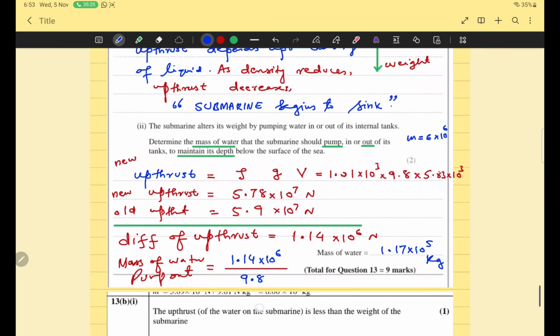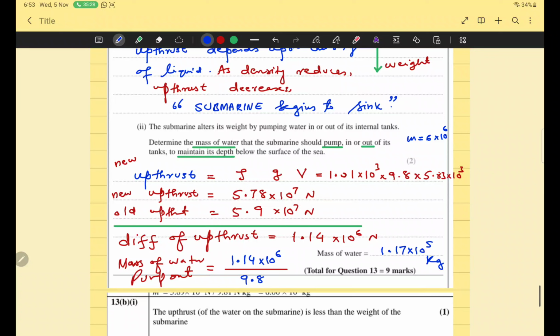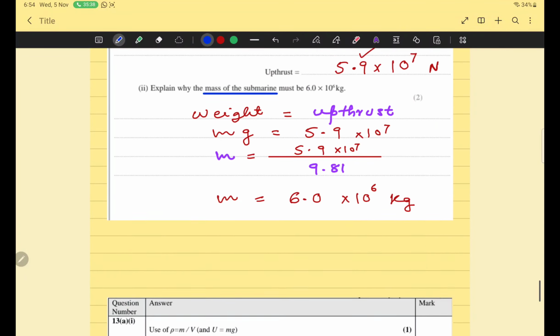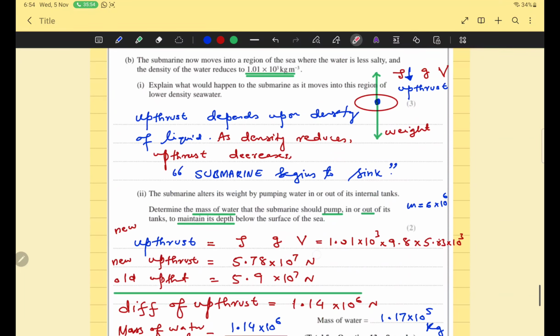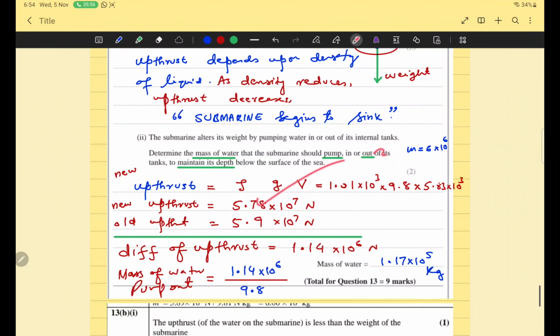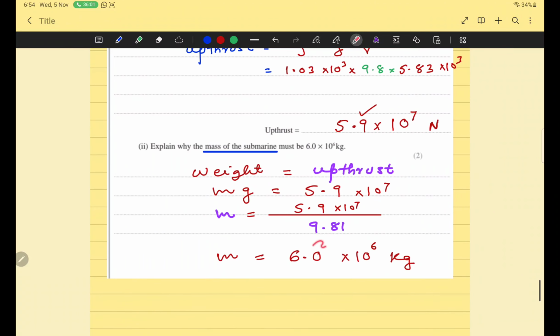And this question you can solve by another method, in which for the new upthrust you can calculate new mass. You can calculate new mass because we have derived a formula in this question: mass of object equals upthrust divided by gravity. So by new upthrust you can calculate new mass, and this mass should be subtracted from the old mass.